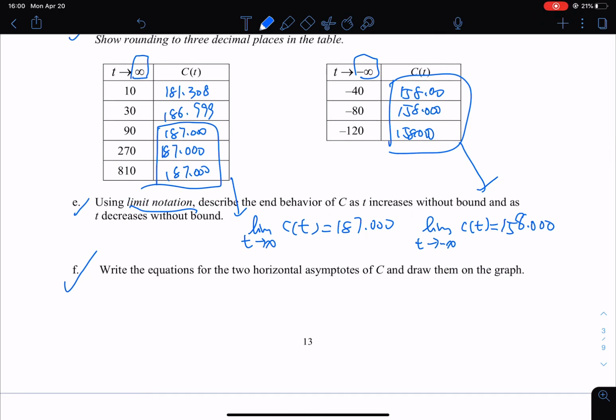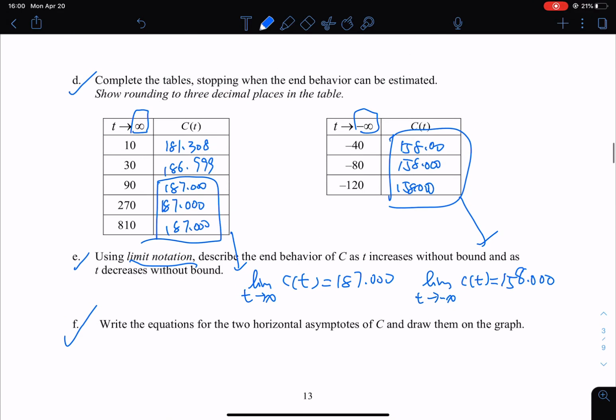Alright, example 5. Write the equation for the two horizontal asymptotes. The second kind of question you may see is, if we are only given this table, then what kind of asymptote can we get? Horizontal asymptote or vertical asymptote, and what are they? So for this one, you can see the function value stays the same.